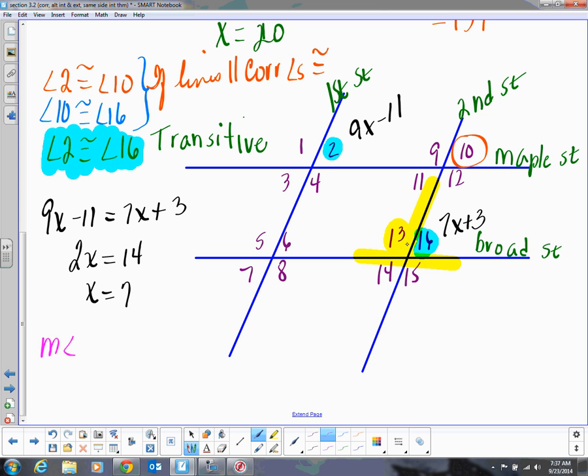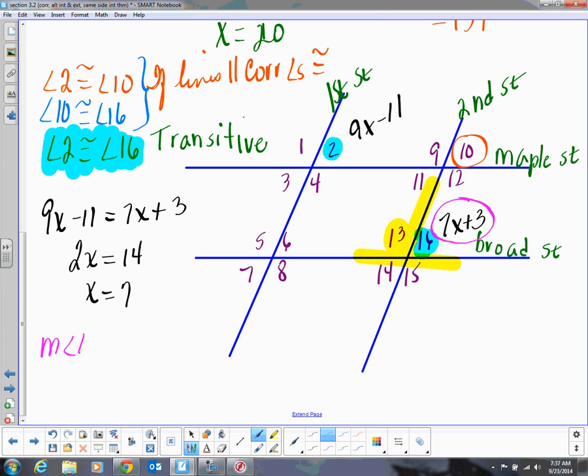Between these two angles, what do you have information on? We know x equals 7, but do we know anything about 13? Do we know anything about 16? Look on our angle. What do we know about 16?